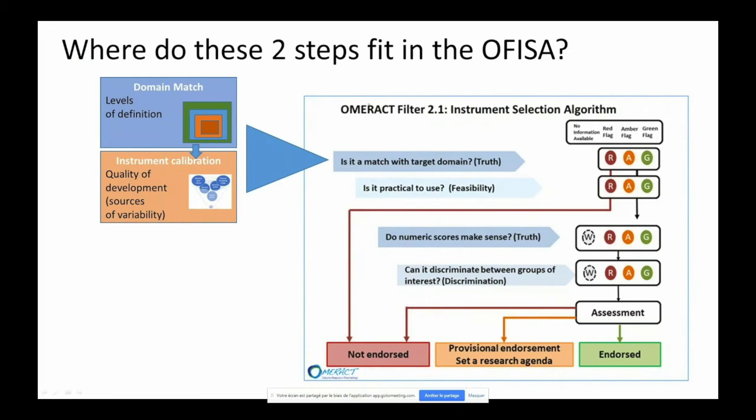So domain match and instrument calibration, so the level of definition of the target domain and the quality of the development of the instrument with the evaluation of all sorts of variability, fit in the first chevron. It is a match with target domain, and then using OFISA, we can go through all of this. The other aspect will be quite clear.